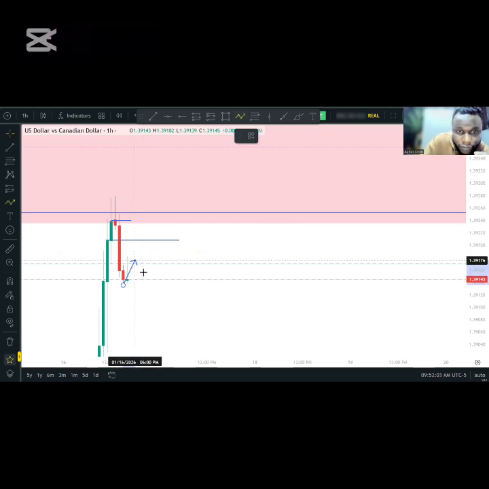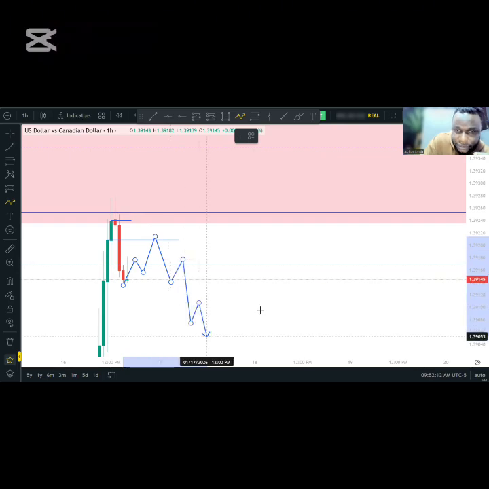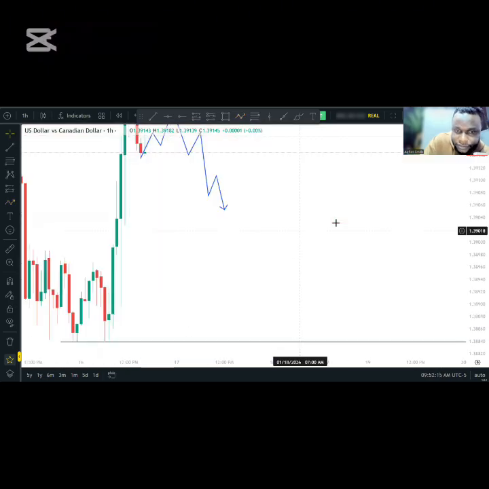We pull back to this level, we'll take our sell. Then once this low is broken, of course, we know we are already selling, targeting this low first.